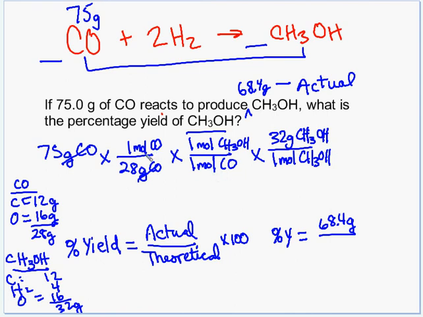You go back and make sure if I have moles of CO here, I have moles of CO in the denominator. Moles of CH3OH, moles of CH3OH. Okay? And I do that. And let me get my calculator.